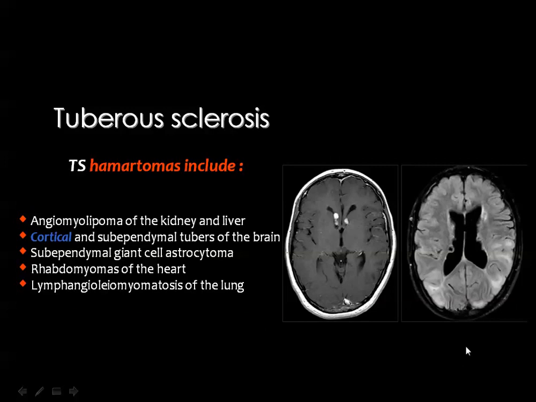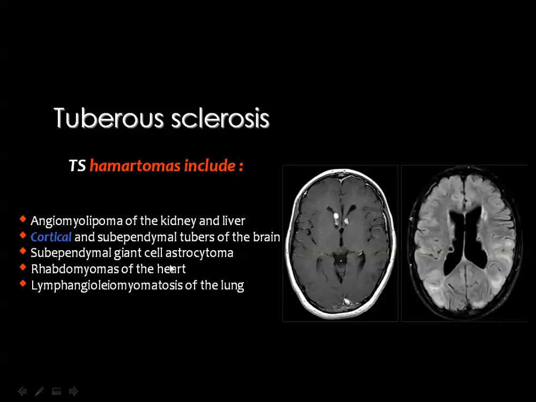Then the hamartomas will include a very well-known category in the kidney and the liver, which is the angiomyolipoma, and cortical and subependymal tumors of the brain. Most of the tumors may occur in the wall of the ventricle, but some may occur in the brain parenchyma, subcortical or cortical.